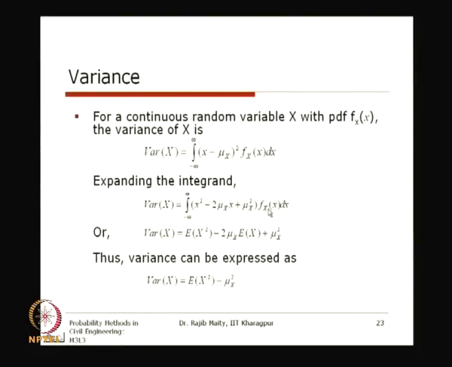So, x fx dx is nothing but the expected value of x, plus again a constant, mu x square. Now, this expected value of x is mu x, so minus 2 mu x square plus mu x square. So, this is the expected value of x square minus mu x square. So, variance can also be represented like this.